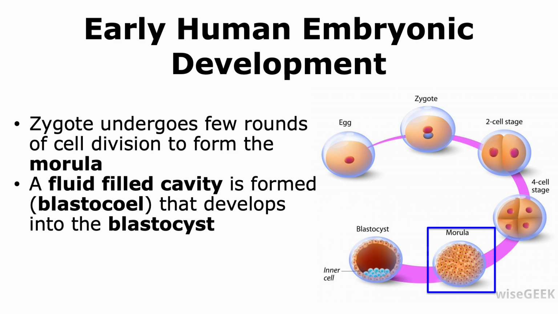The morula then undergoes further development to form a fluid-filled cavity called a blastocele. This embryonic structure with the blastocele develops into what's called a blastocyst.